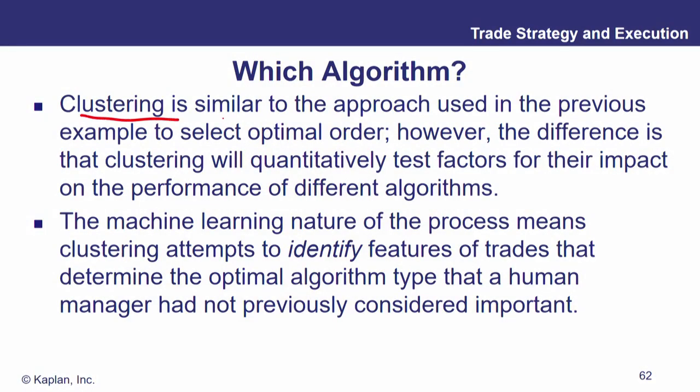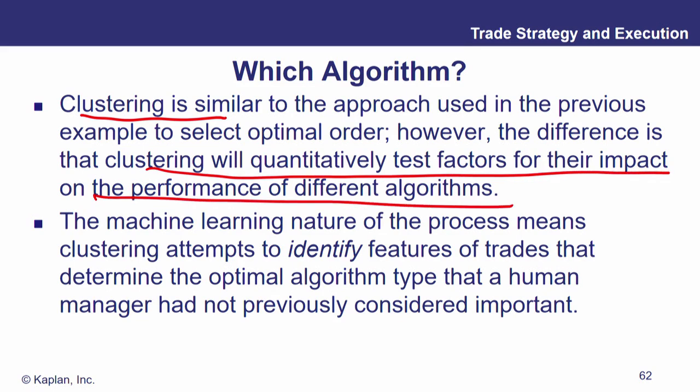So clustering is very similar to the approach used in the previous example to select the optimal order. The difference is clustering is going to quantitatively test those factors for the input on their performance in the different algorithms.